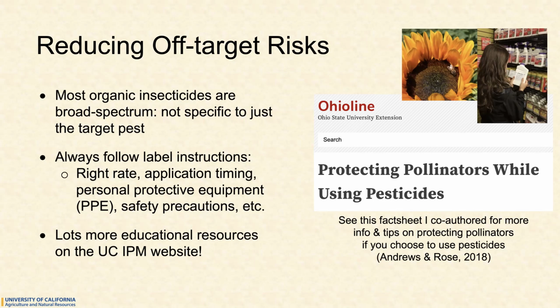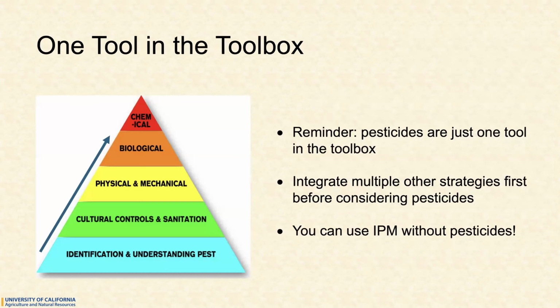I co-authored this again with my mentor there for tips to protect pollinators while using pesticides. So again, you don't have to use pesticides, but if you do, there are actual strategies you can use to reduce risk to pollinators. There's also a lot of more educational resources on the UC IPM website as well.